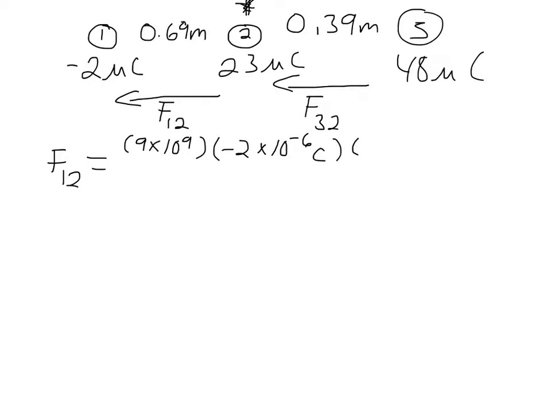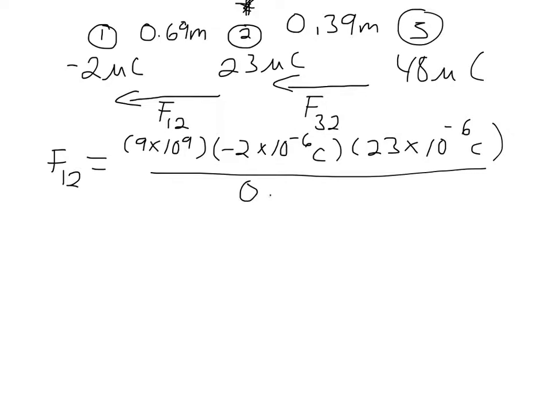That's times charge 2, which is 23 times 10 to the negative 6th coulombs, all over the distance between them squared, 0.69 meters quantity squared. When we do that math, we should get a force of 1 on 2 equal to negative 0.87 newtons.